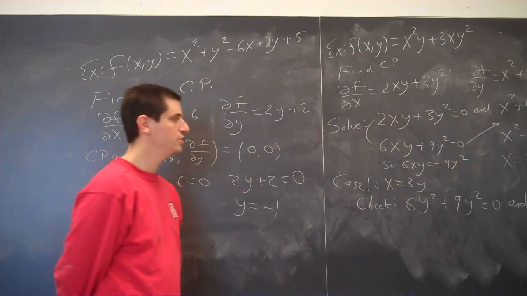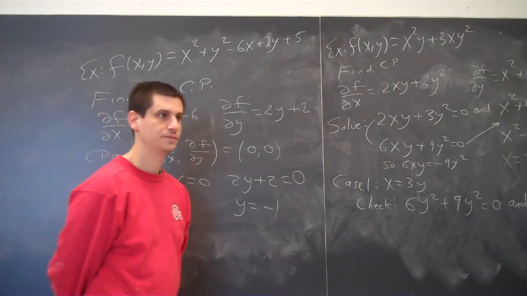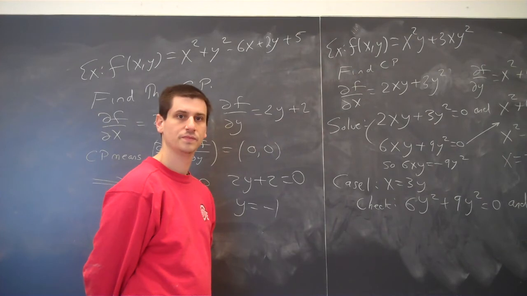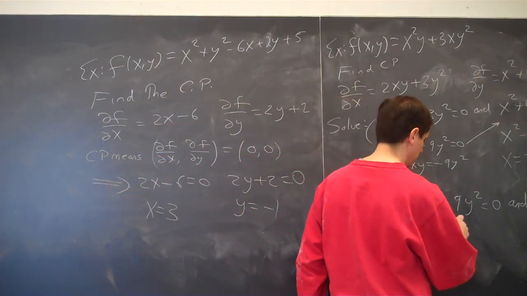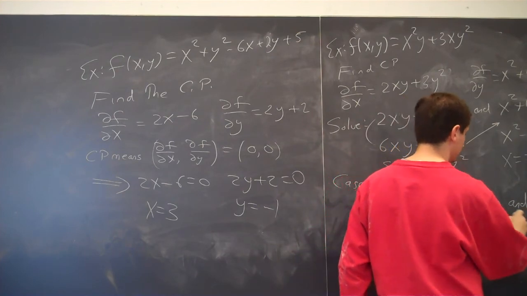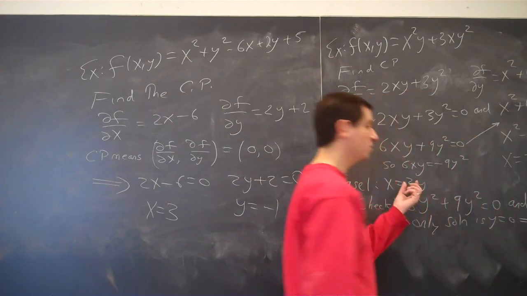What's the only solution to those equations? Yes. y equals 0. So the only solution is y equals 0, which then implies x equals 0, because x is equal to 3y.